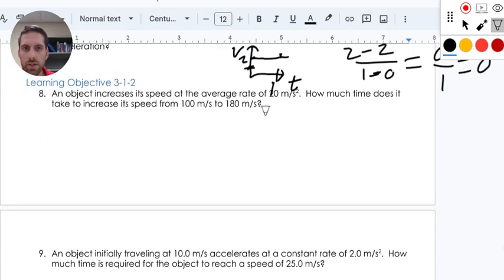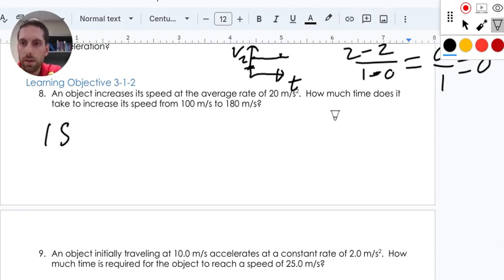The object increases its speed at an average rate of 20 meters per second squared. We want to know how much time it takes to increase its speed from 100 to 180. So let's write this out.